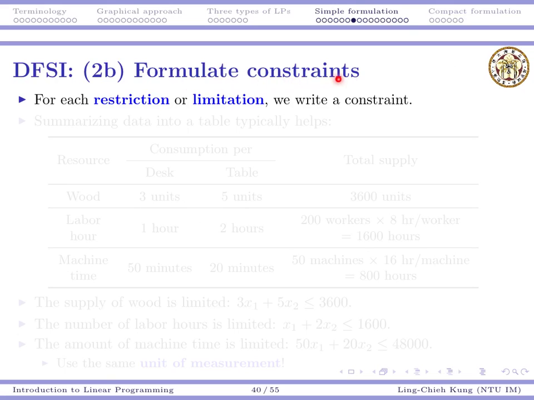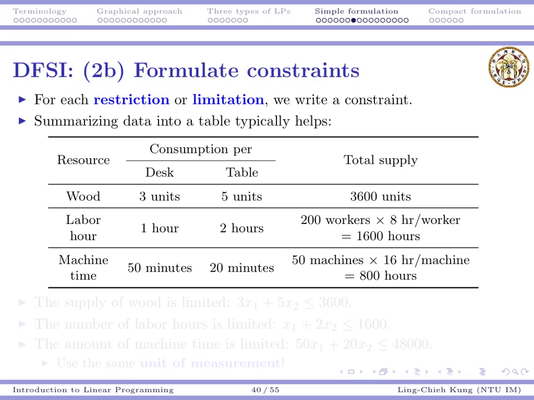And then I want to formulate constraints. For each restriction or limitation, we write a constraint. Because this is such a complicated situation, typically we summarize our data in the following way. We would like to organize all the related information into a table or something that may help you get the ideas of the problem.